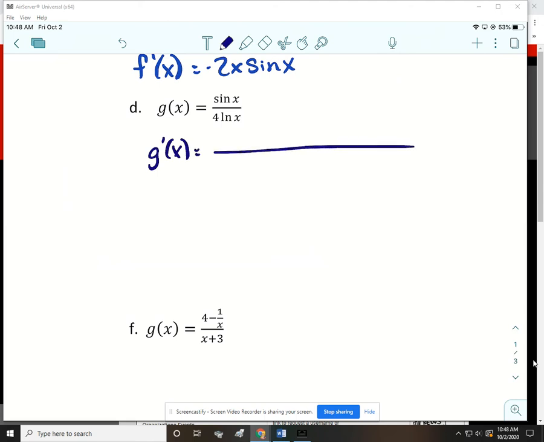We're going to do low, so 4 natural log of x, and then d high, the derivative of sine of x, cosine of x, minus high, and then d low. So we need the derivative of 4 natural log of x. So remember, the derivative of natural log is 1 over x. So the derivative of 4 natural log is 4 over x. And then over low squared.